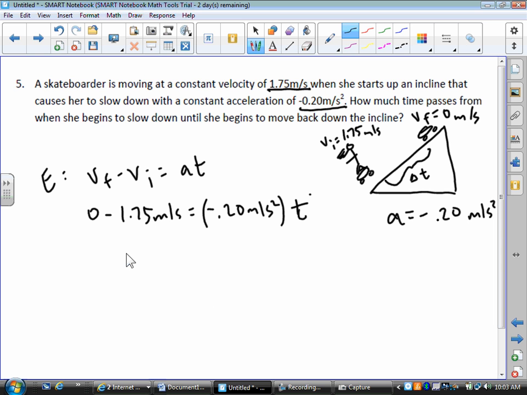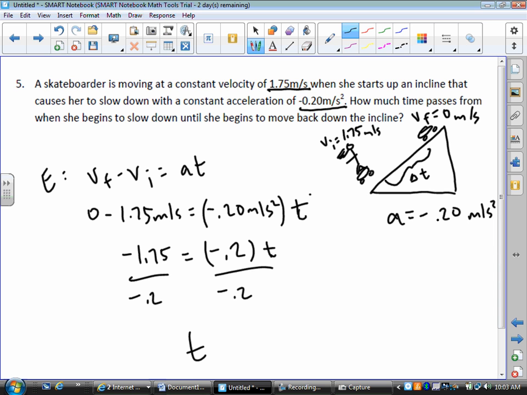So right here, 0 minus 1.75 is negative 1.75. And then we've got negative 0.2 times T. So what do I do to get the T by itself? Divide both sides by that negative 0.2, right? Make sure you put the negative in there.